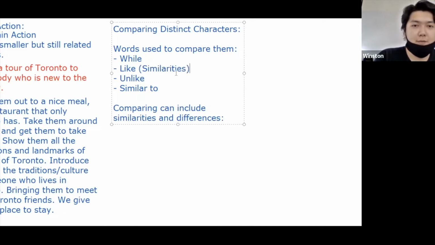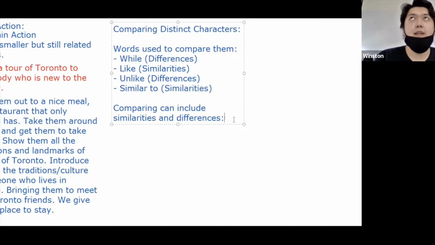And then for the word unlike, you can do differences, okay? And while can also be used for differences, and similar to can also be used for similarities, obviously, the word similar is in there, okay? So when we think of it this way, it's actually pretty simple, right?